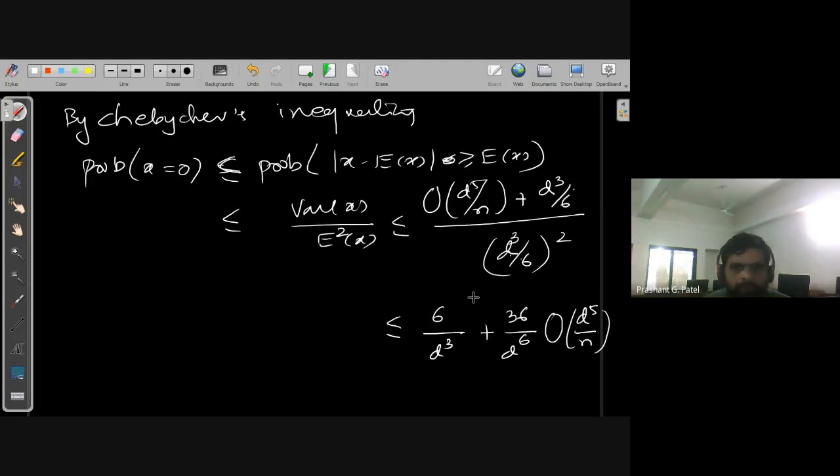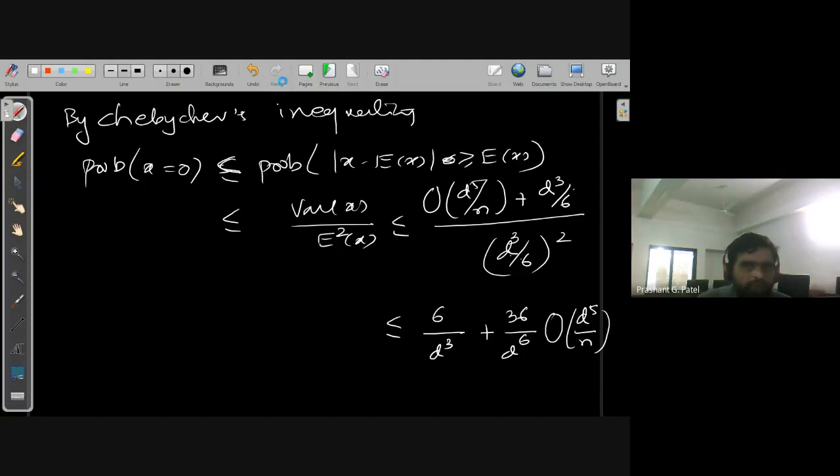So if n goes to infinity, that means n is very large, then the probability of having a zero triangle is less than or equal to 6 by d cube. And if I take the value of d bigger than the cube root of 6, then the probability is less than 1.